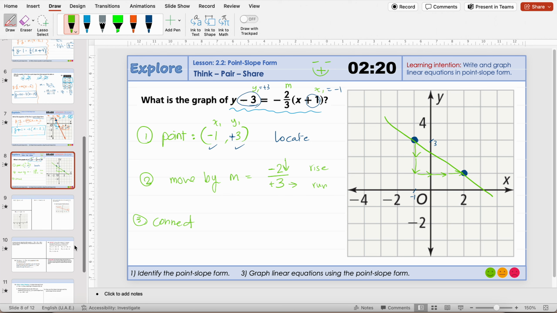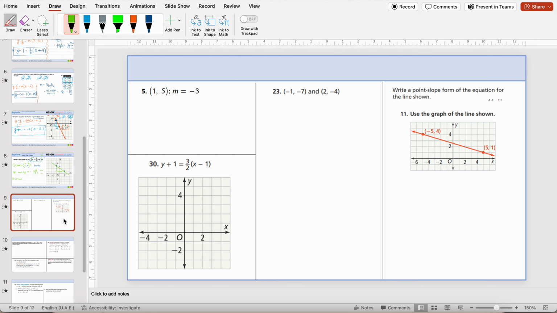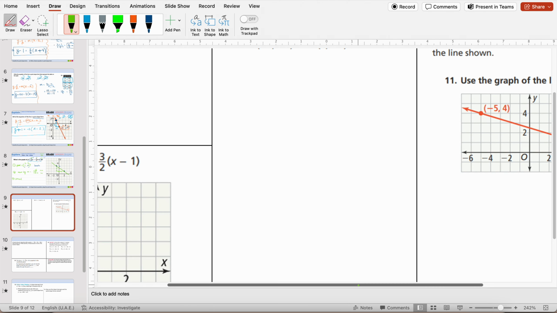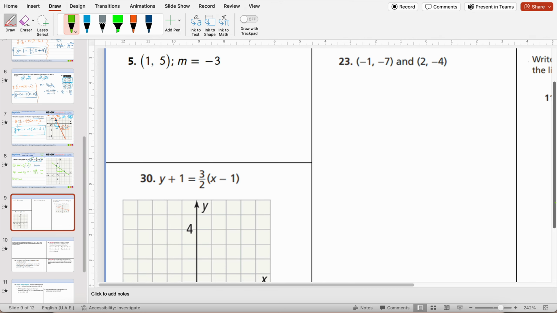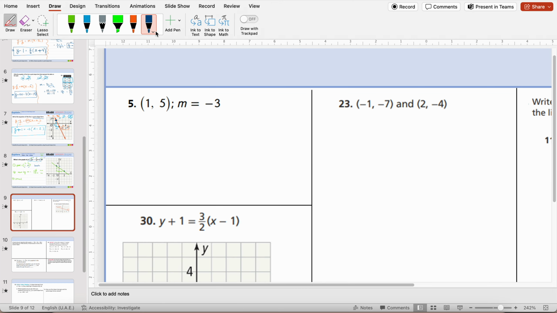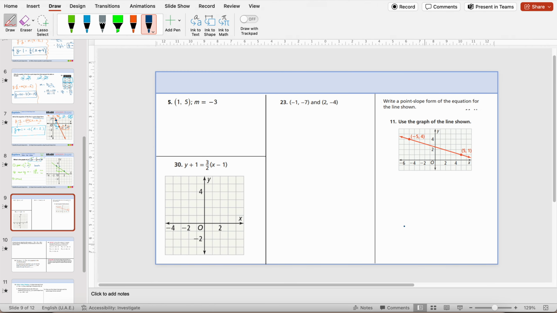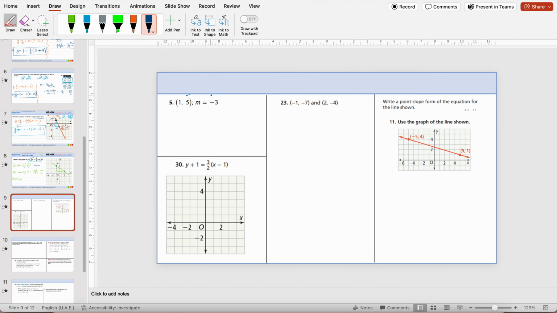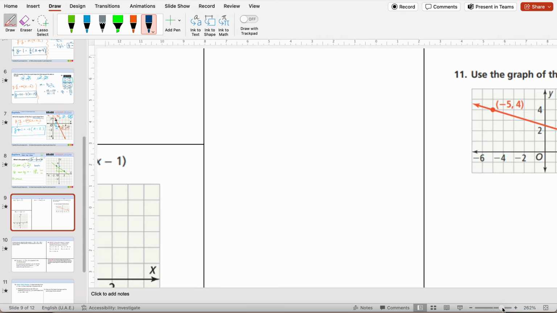Okay, we are done with all 5 ideas. Let's start practicing. Before I solve any question, please pause the video and try to do it yourself. Then check your work with me, okay? So again, I want to write the equation of the line. Here are all the 4 ideas: given a point and the slope, given 2 points, given the graph, or I ask you to graph it.